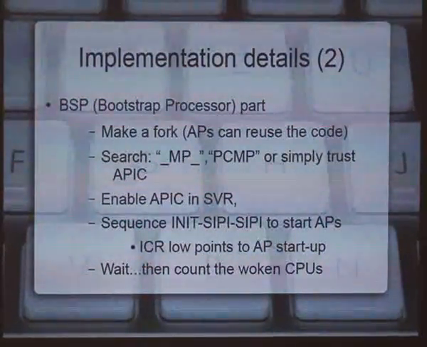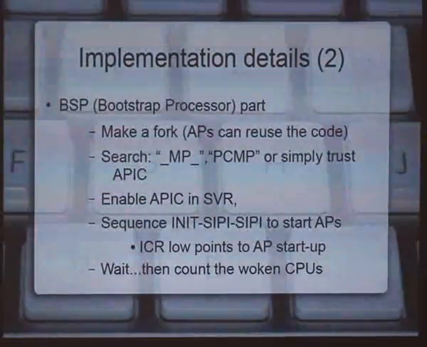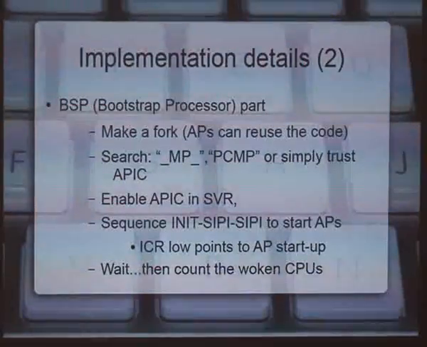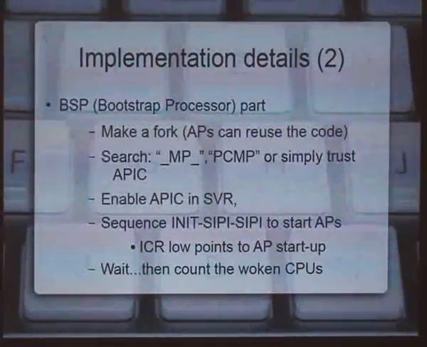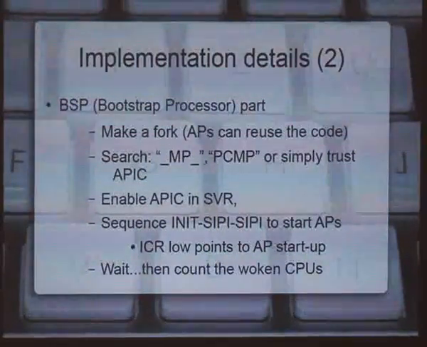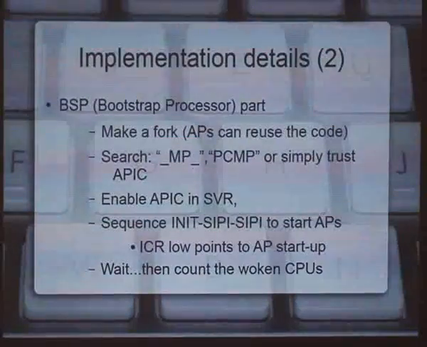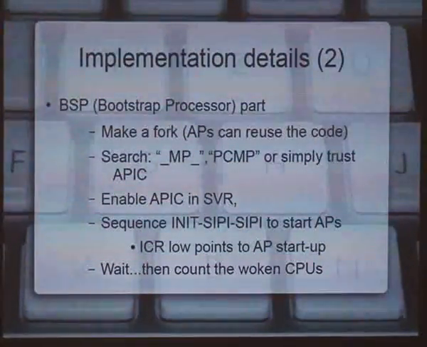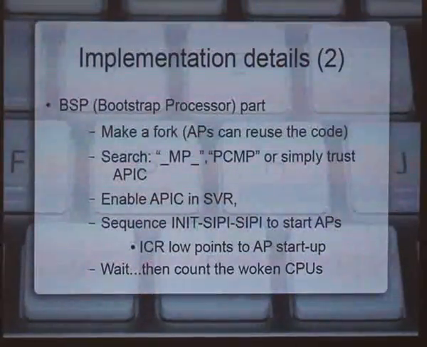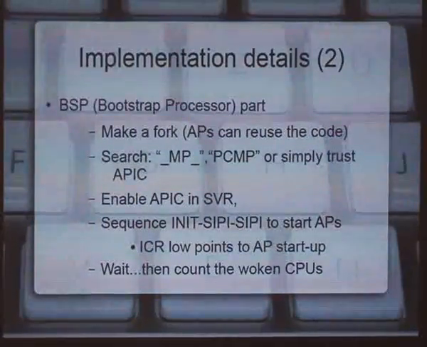Oh, here comes the BSP. Make a fork, it's not like a separate thread, but at one place in code, there's a flag, I am a BSP. The first processor to get there is always the BSP. This is the flag that I have been to this code before, and there's a fork to a separate AP code, which differs from the BSP.